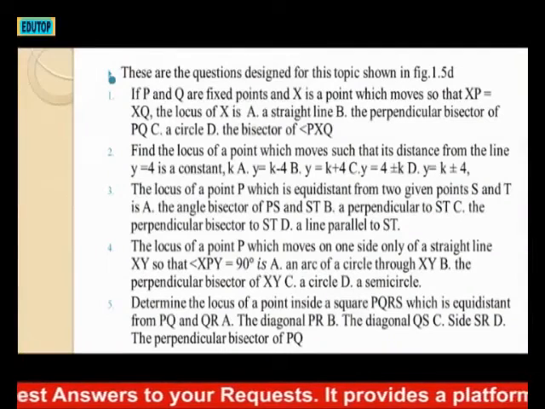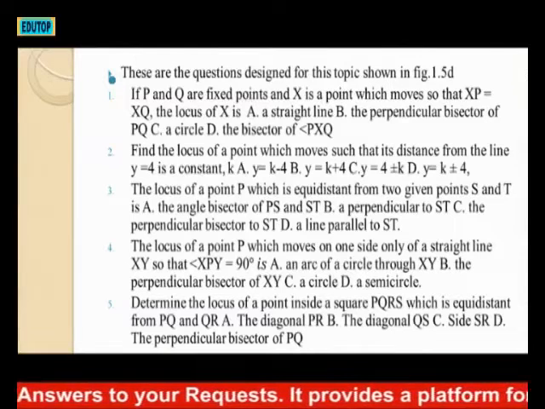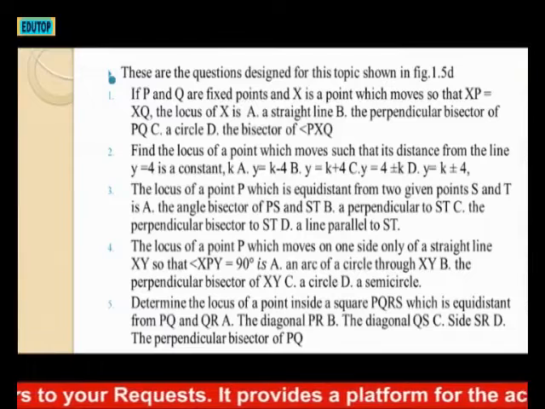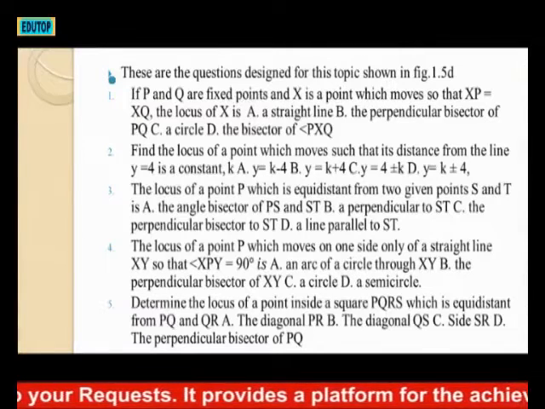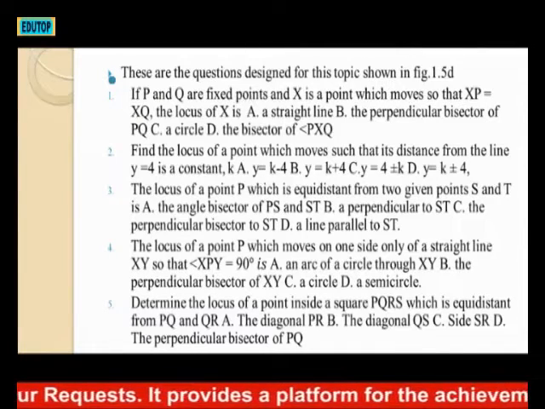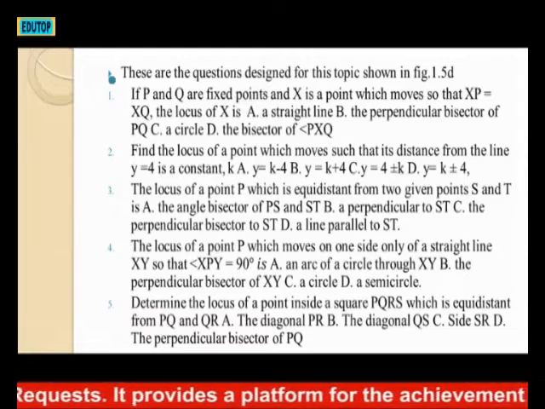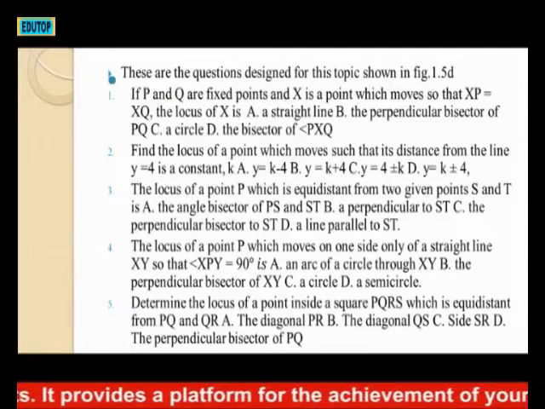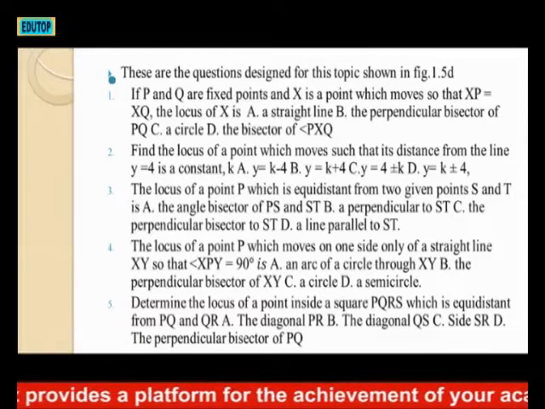Then question 4. The locus of a point P, which moves on one side only of a straight line XY, so that angle XPY is 90 degrees. A, an arc of a circle through XY. B, the perpendicular bisector of XY.